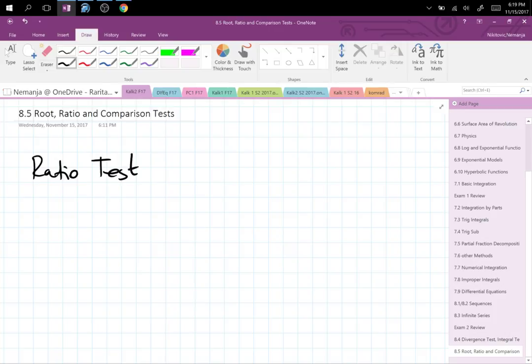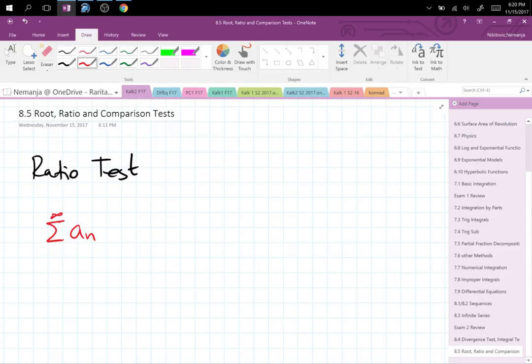So, ratio test says we have summation of some kind of an, whatever, starts somewhere, goes to infinity.